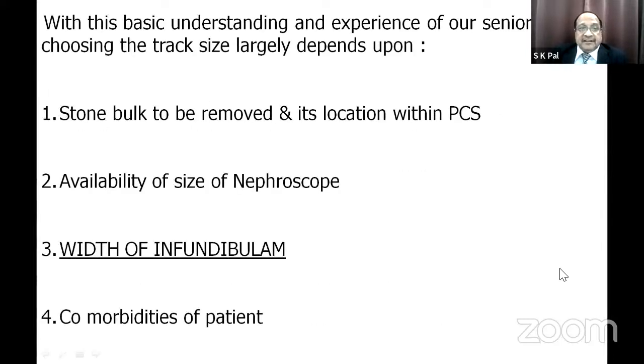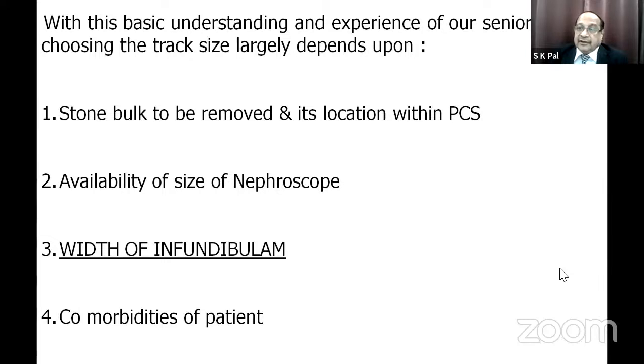With this basic understanding and the experience of our seniors, choosing the best tract size largely depends upon, point number one, how much stone bulk you are going to remove and what is the location of that stone bulk in the pelvicalyceal system. What is the size of the nephroscope available with you?